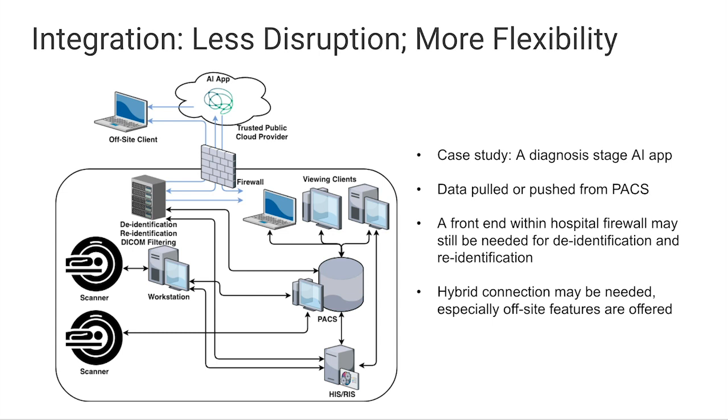So there's a little bit of difference in this mechanism, because if you want to pull data from PACS, you probably want to configure the security like authorization better, and that's a more complex process. You may still want to implement de-identification and re-identification on the app, just to keep the sensitive information within the hospital network, and still keeping the ability to push some of the processing to the cloud platforms where you have better access to computing resources.